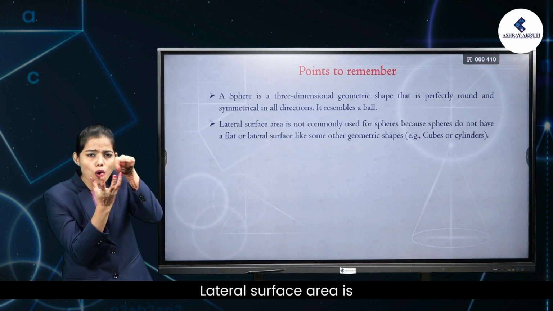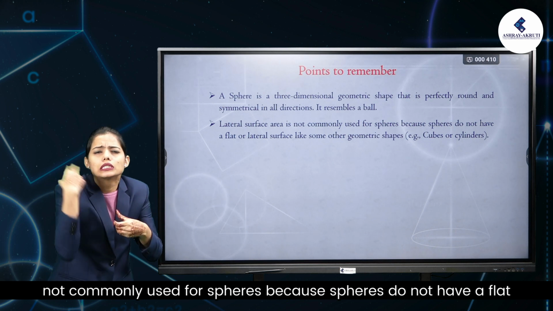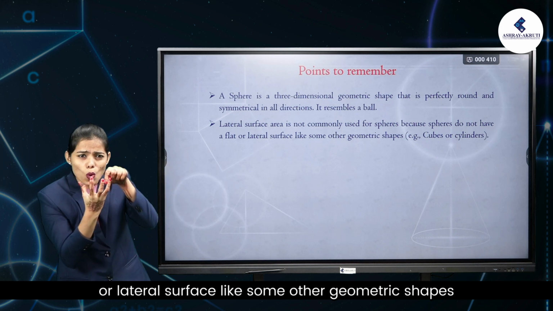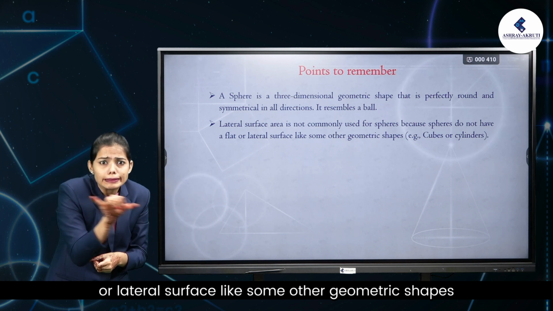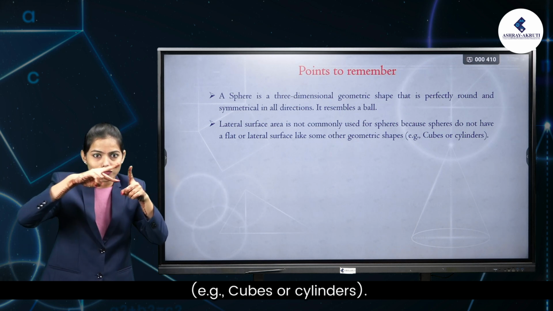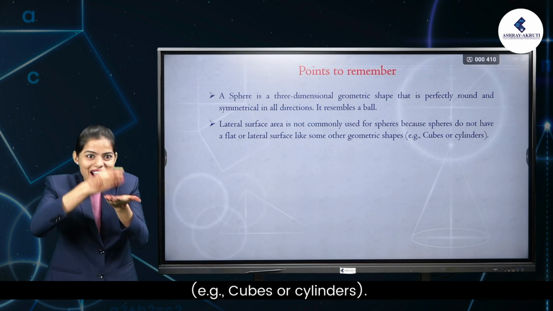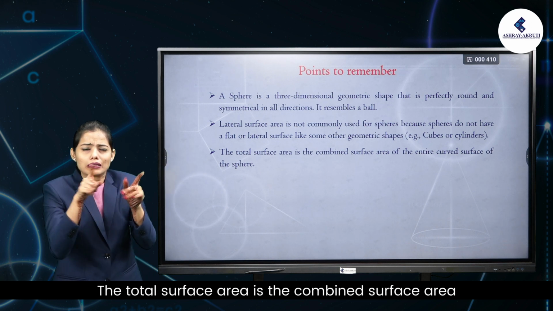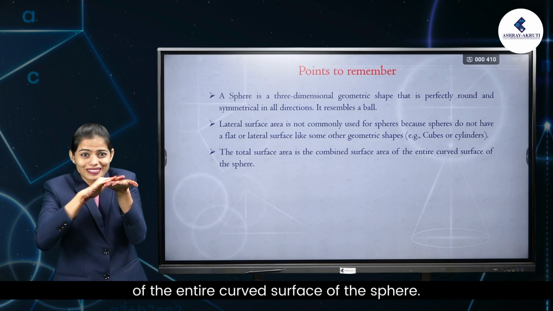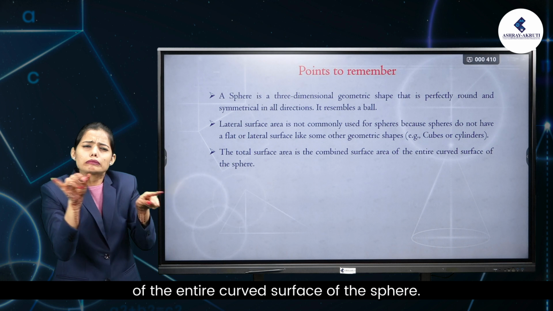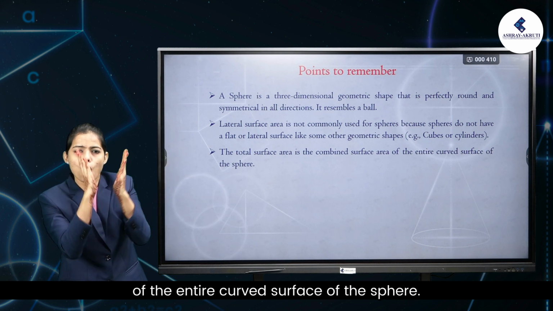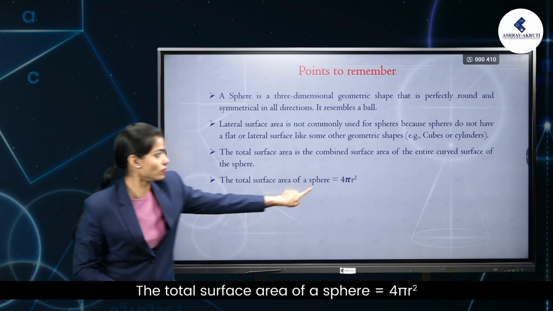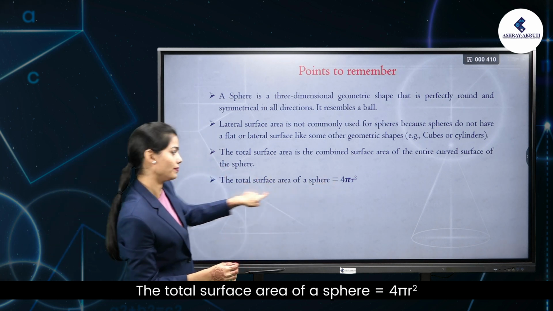Lateral surface area is not commonly used for spheres because spheres do not have a flat or lateral surface like some other geometric shapes, for example cubes or cylinders. The total surface area is the combined surface area of the entire curved surface of the sphere. The total surface area of a sphere is equal to 4 pi r square.